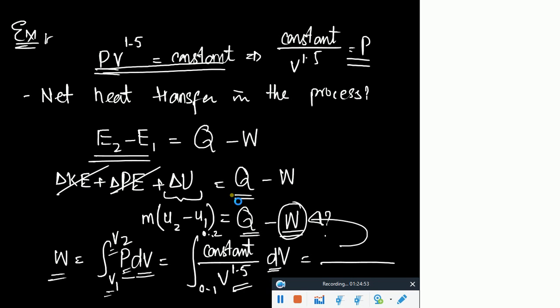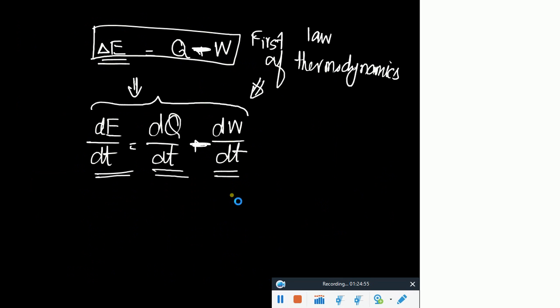So how do you find the work done on the surroundings? We see that this piston is moving upward, so it is applying some kind of force on the surrounding atmosphere.